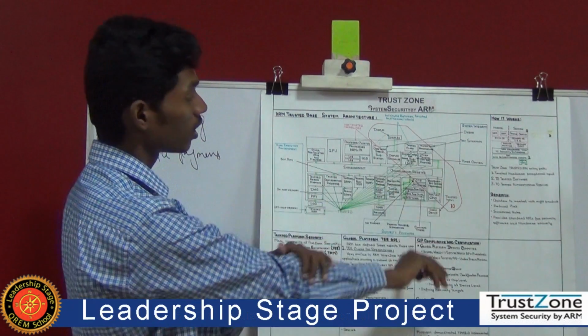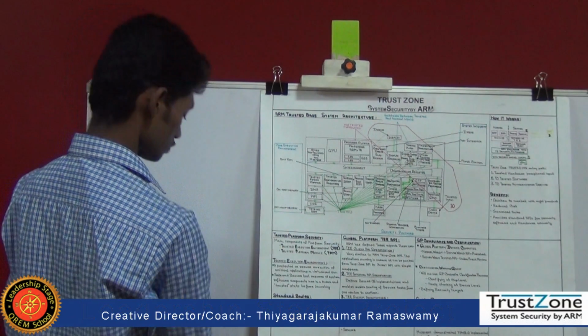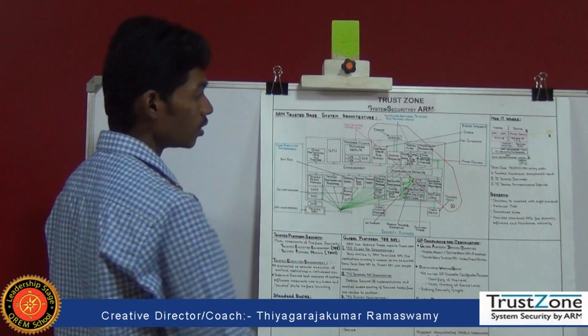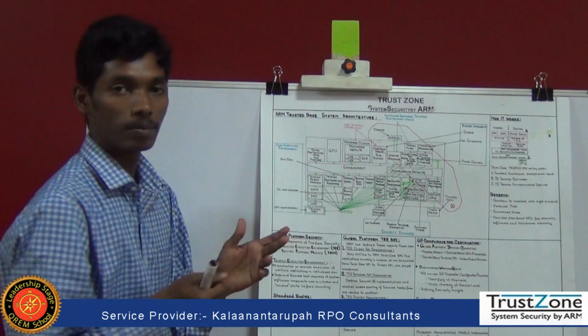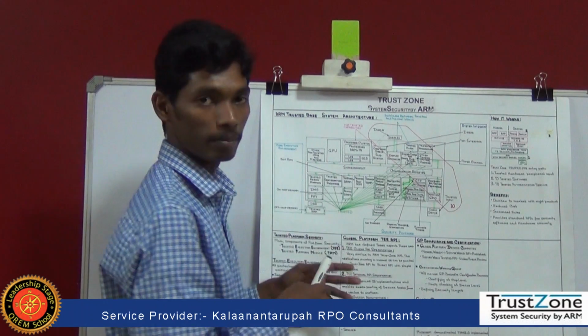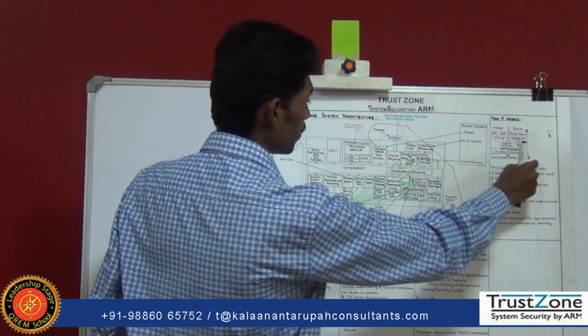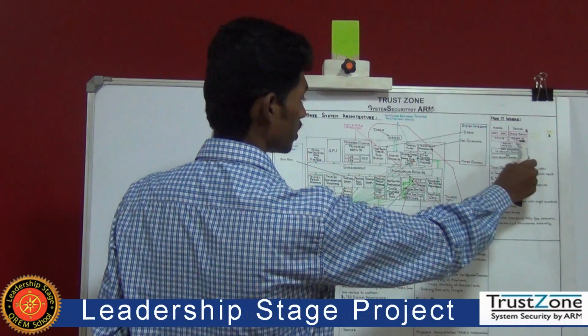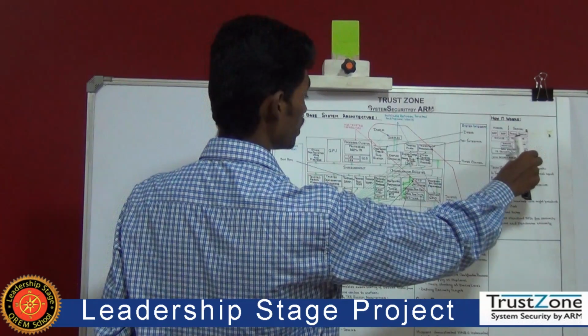And next is how the Trustzone will work. For mobile payment or banking, by the use of external computer peripherals, that is an input device, we are giving the input.